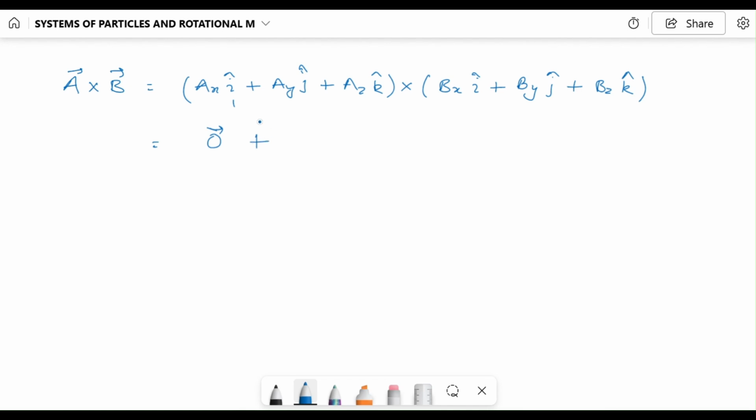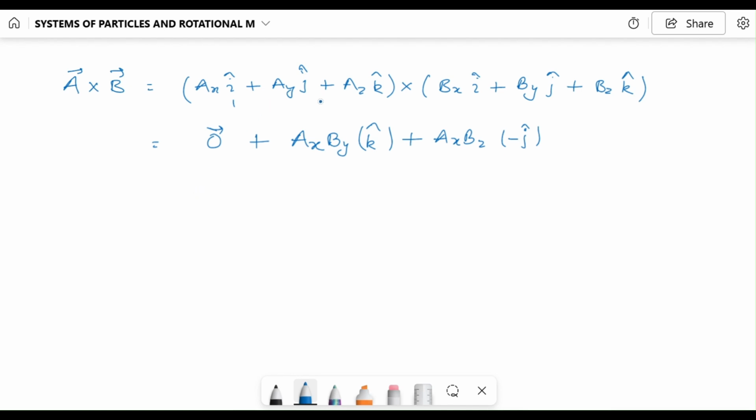Now this with this term, so it will be ax by, i cross j is going to give you k cap, and then ax bz, and i cross k will give you minus j cap. If you know this thing, you can skip this part or just fast forward.